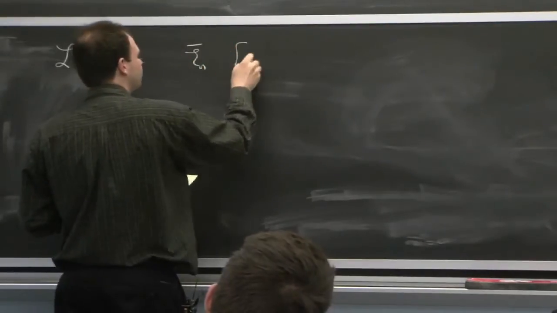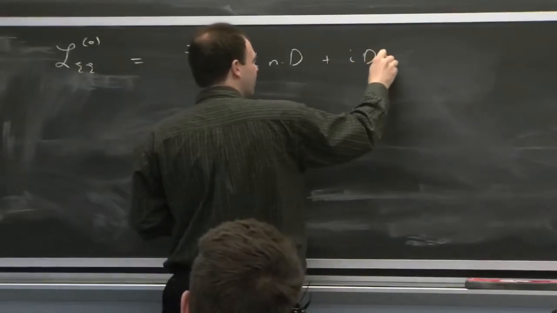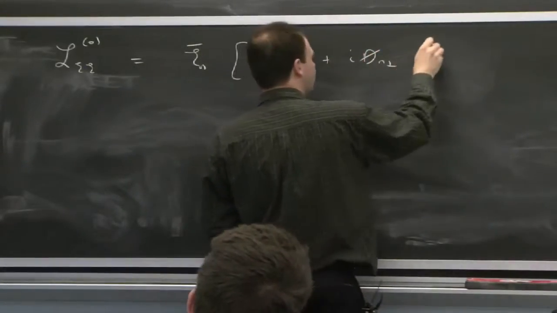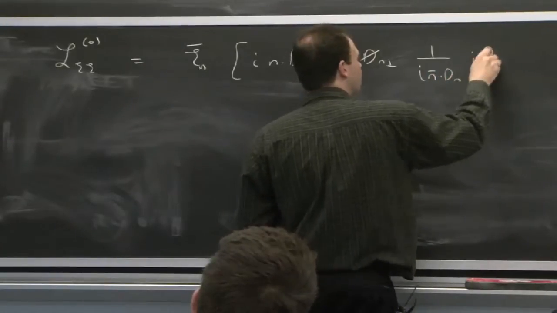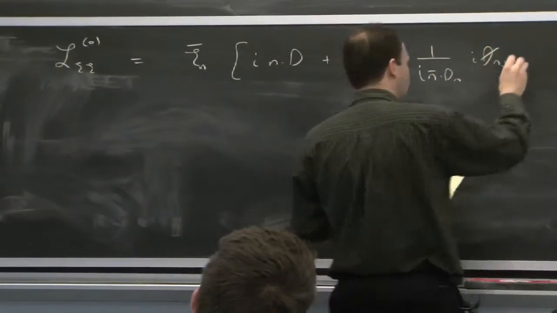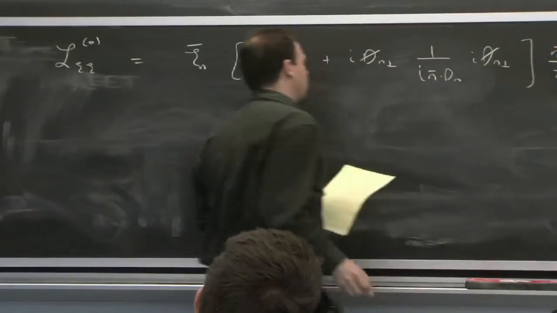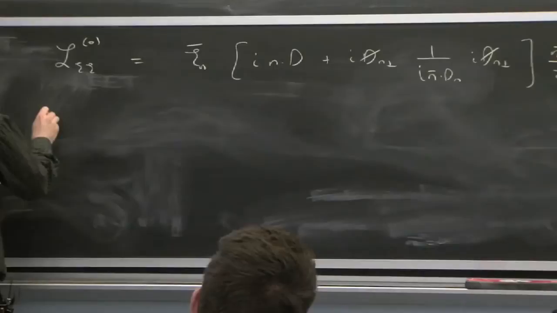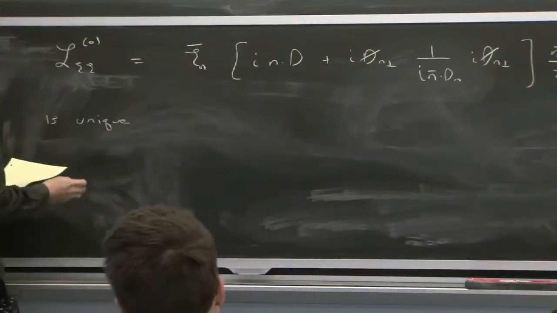So if we put all the things that we've talked about last time and this time together, then what we find is that this Lagrangian that we've been discussing is unique for the CN field.